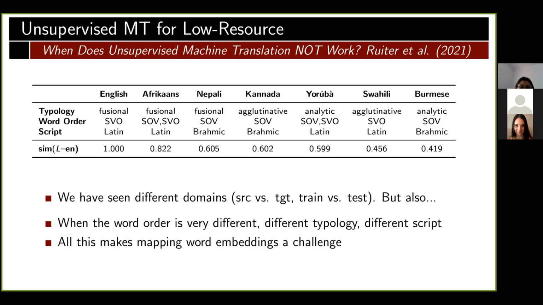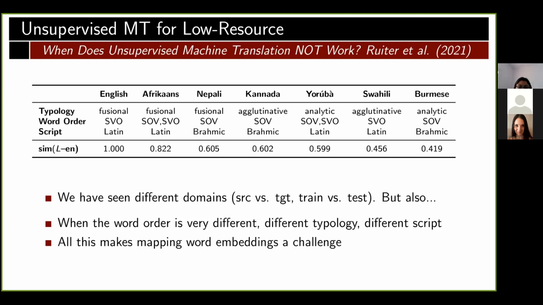But in those cases, the amount of data was also quite big. If you are using a lot of data, the difference between languages might be easier to solve. When you have smaller amounts of data, everything that makes the learning task more difficult affects the final quality.